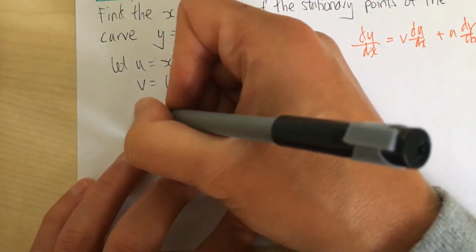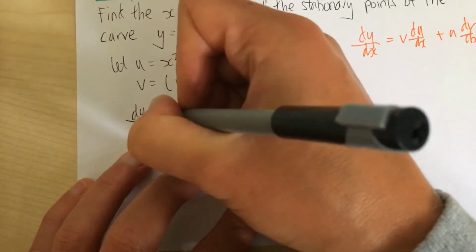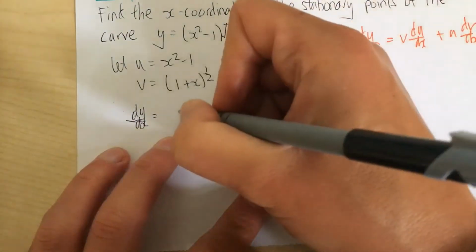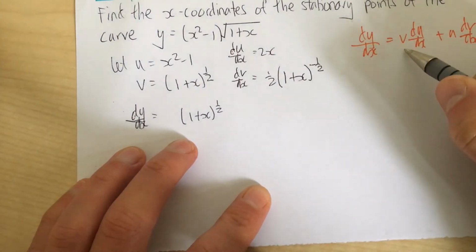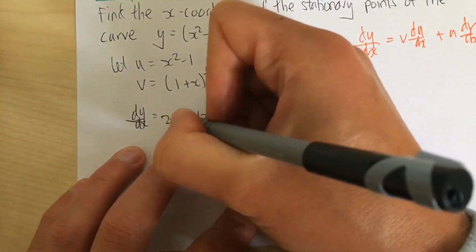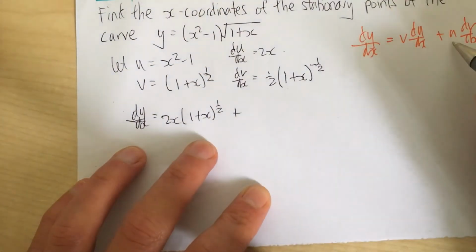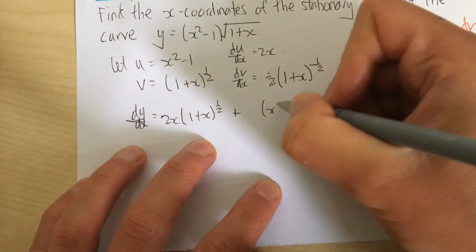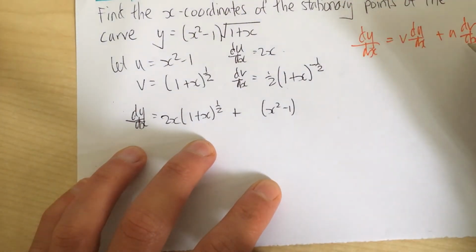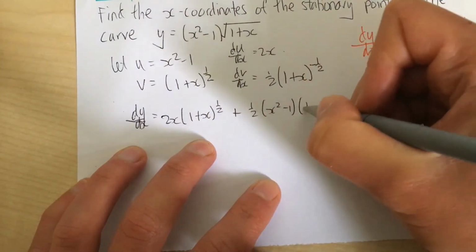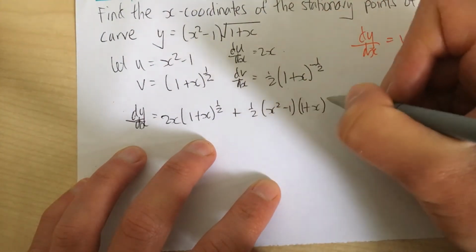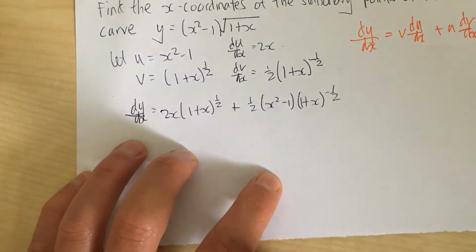So now I can say that dy by dx equals v, that's (1 plus x) to the half, multiplied by du by dx, which is 2x, plus u, which is x squared minus 1, multiplied by dv by dx, which is a half, (1 plus x) to the minus a half.